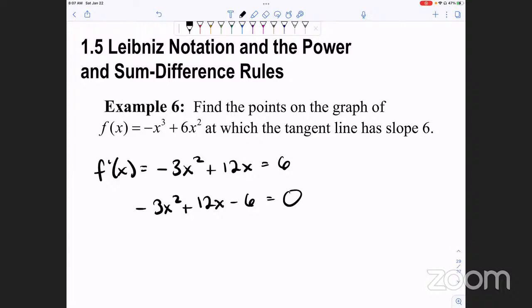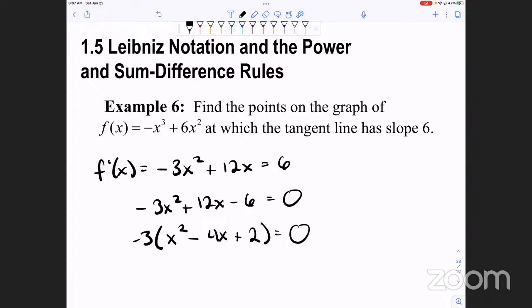Factor out a negative 3 from all terms: x squared minus 4x plus 2. I think we can factor this, right? Not in the traditional sense.